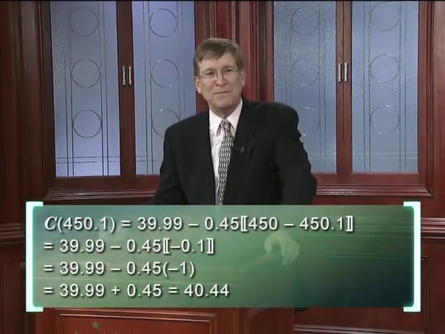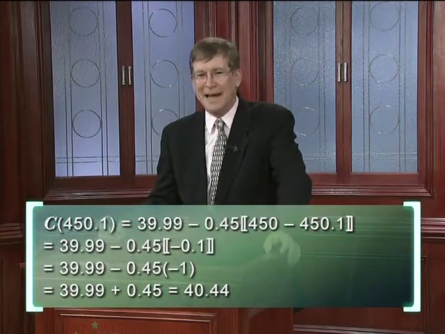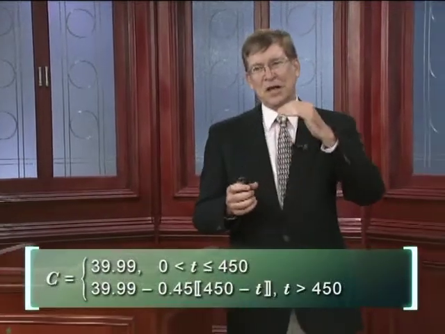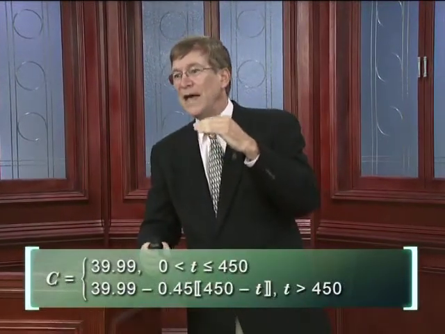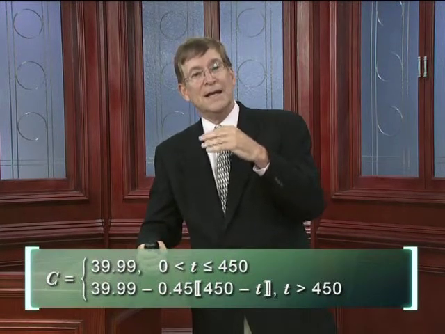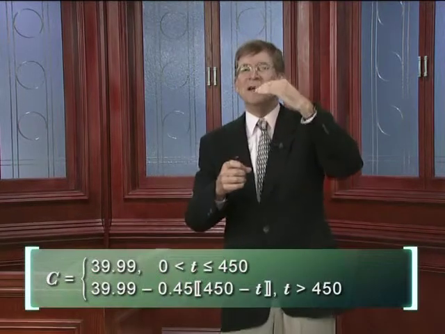Do you remember that number from the last slide? Yeah, that was the correct answer. Good. Notice that this function for the cell phone plan is not continuous at each integer greater than or equal to 450. It's because they jump every time you use another minute.